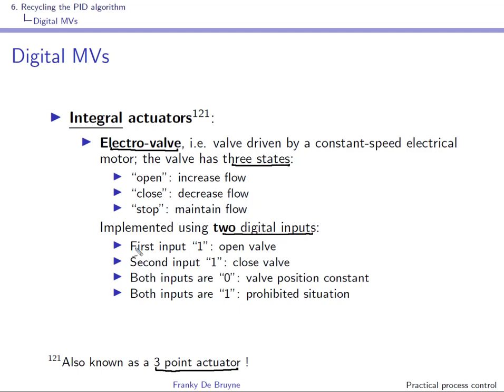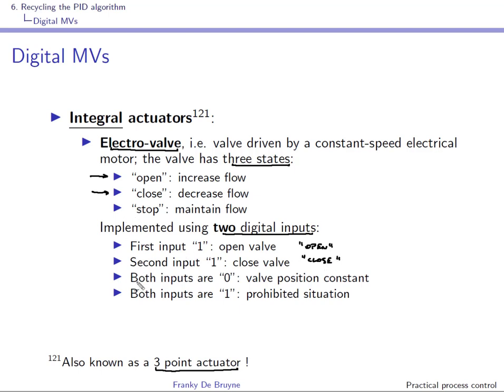Well, the first input to 1 opens the valve, so this corresponds to this situation over here. This is open. The second input to 1 corresponds to this one, so this corresponds to close.